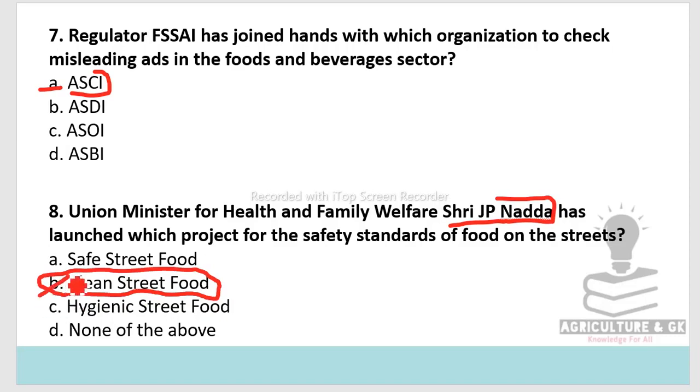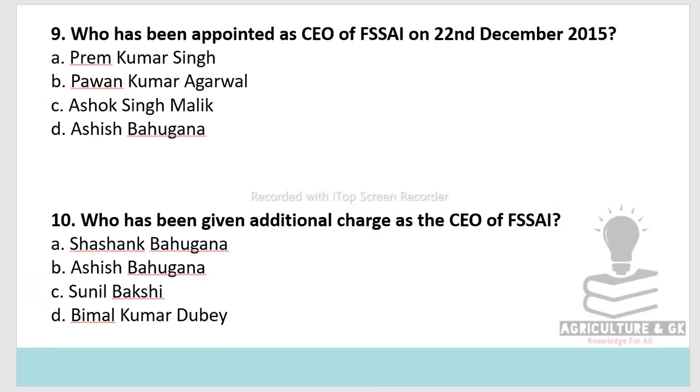It can be asked such that who launched the project Clean Street Food. So it will be Shri J.P. Nadda, Union Minister for Health and Family Welfare. Now next question. Who has been appointed as CEO of FSSAI on 22nd December 2015?